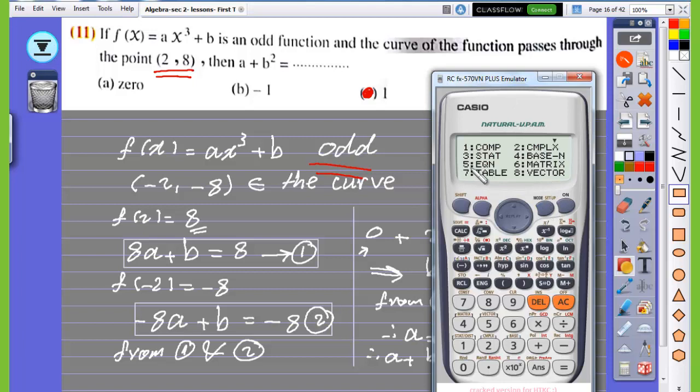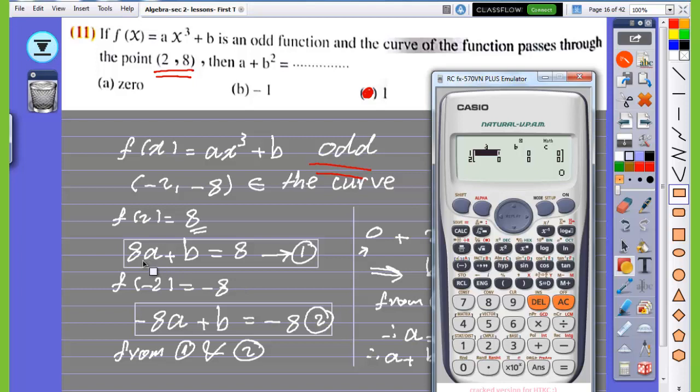We want to solve two equations, so we have to press number 5, two equations in two variables, a and b, first degree. So you press 1, and we write the coefficients.